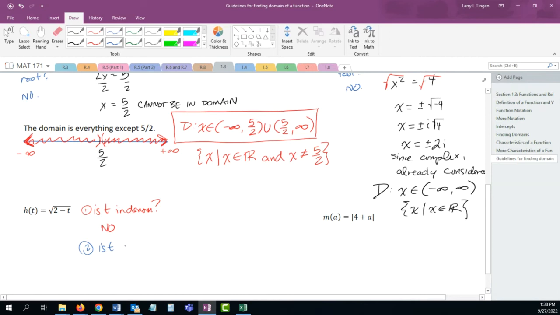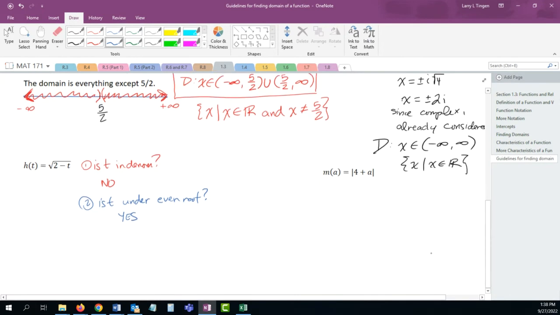But now, is t under an even root? And the answer is yes. So when this happens, I need to guarantee that what's under the even root stays positive or 0. What's under the root cannot be negative.